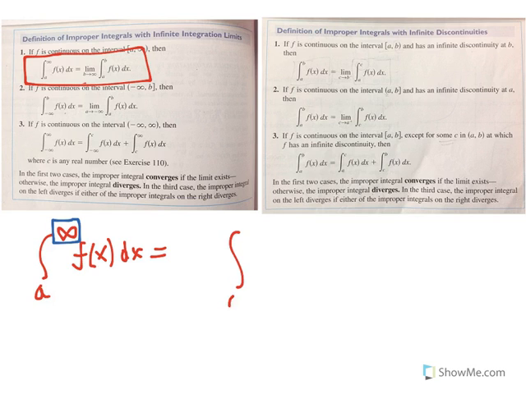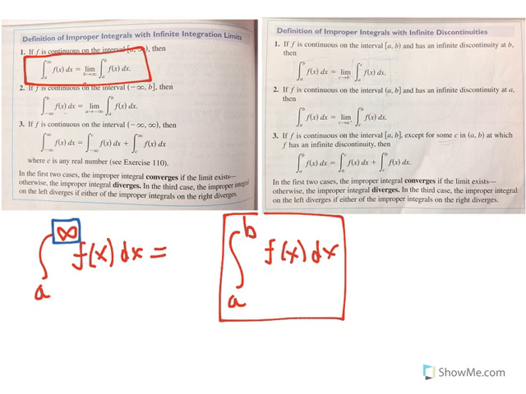So change the upper limit of integration into b, which is a variable, and take the limit of this definite integral as that b value goes to infinity.